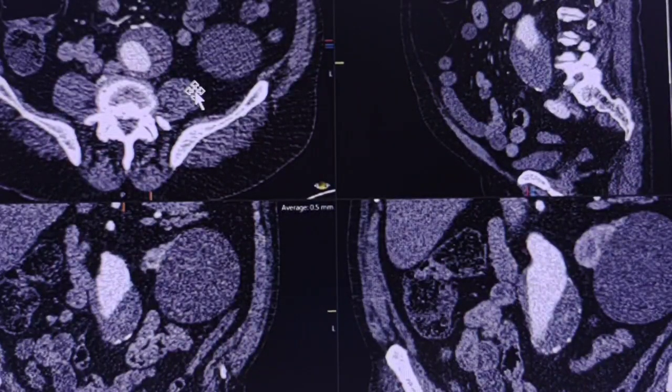The findings: we can see the infrarenal abdominal aortic aneurysm without rupture, but there is an endoluminal thrombus which shows a very thin and very ill-defined hyperdensity, representing the so-called crescent sign.